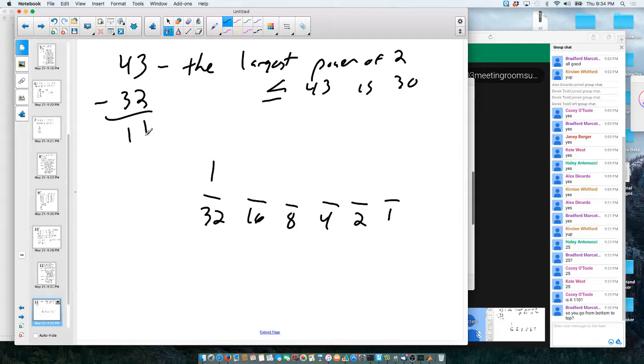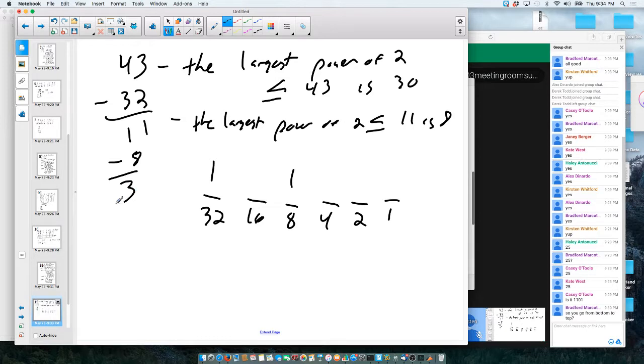Okay. Now, the largest power of 2 less than or equal to 11 is 8. So I have an 8. 11 minus 8 is 3. The largest power of 2 less than or equal to 3 is 2. 3 minus 2 is 1.